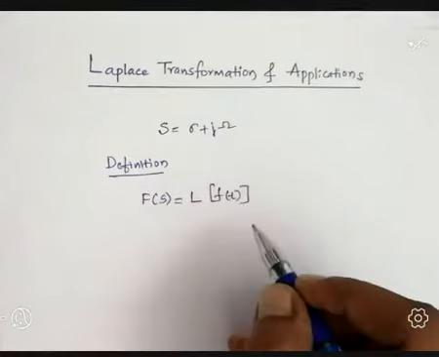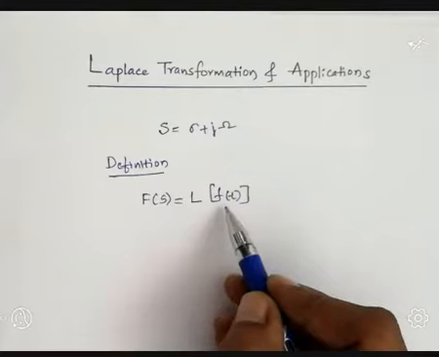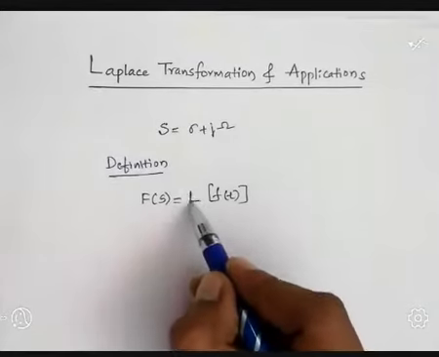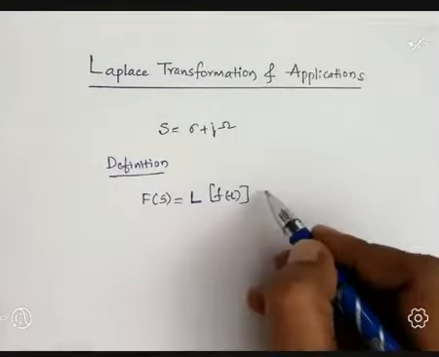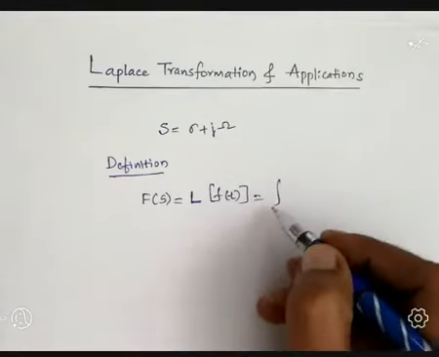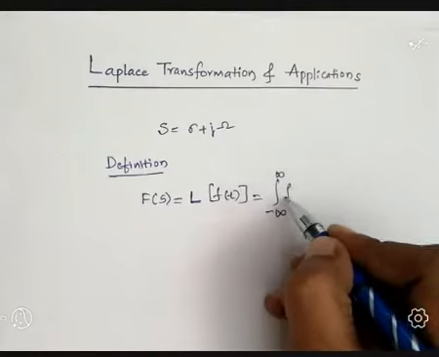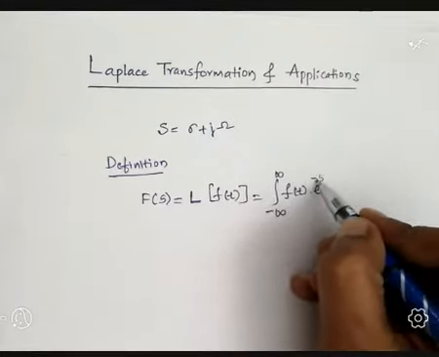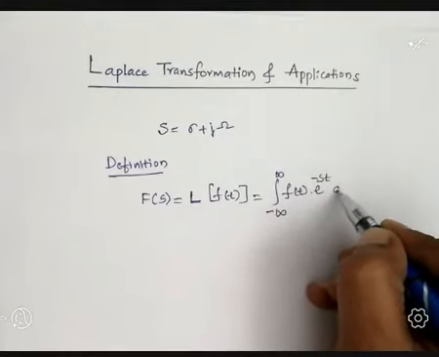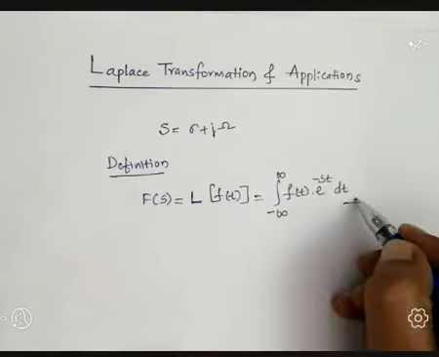The notation for representing Laplace transform is L. What is the definition? F of s equals integration over the limits minus infinity to plus infinity of f of t multiplied by e to the power minus st dt. Let us represent this as equation 1.